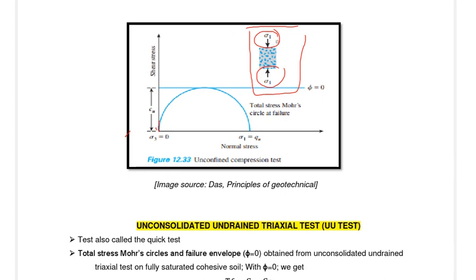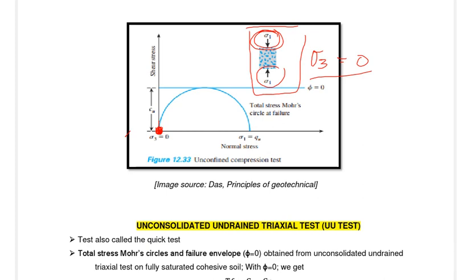So, in UC test, a vertical sigma 1 is applied to the soil without any lateral confining pressure. That is, our sigma 3 is equal to 0. So, therefore, our Mohr circle, since our sigma 3 is 0, is here at our origin.